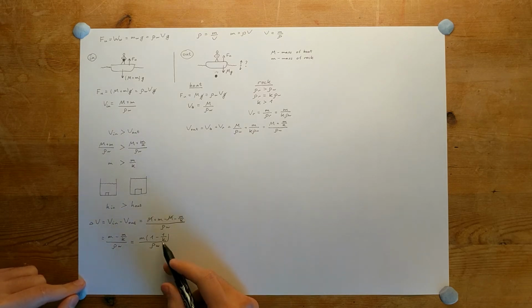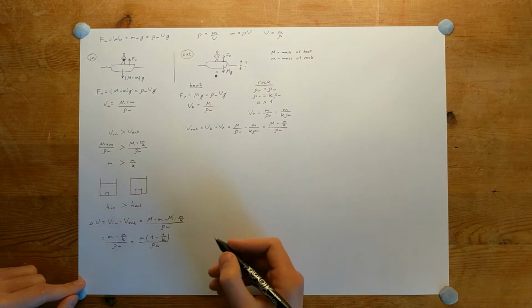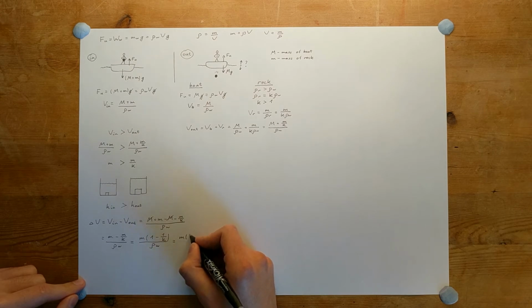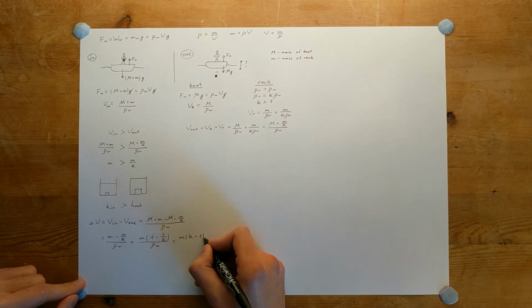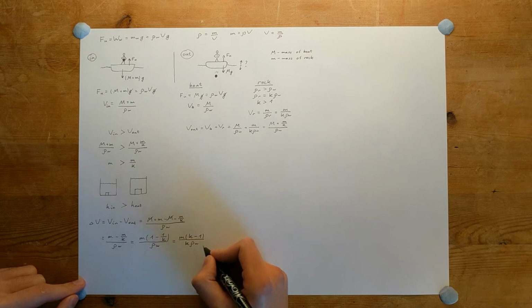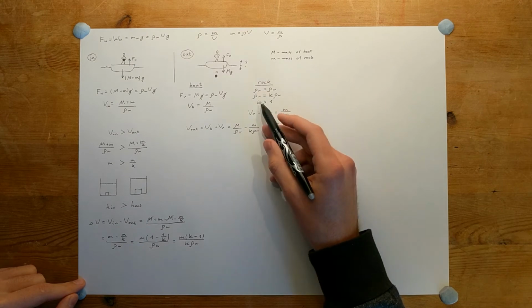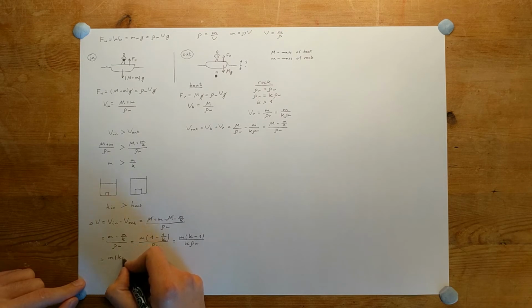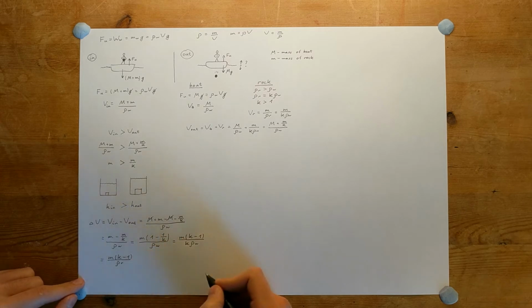Now we can multiply both the numerator and denominator by K, and what we get is m times K minus 1 over K times the density of water. But we said that K times the density of water is the density of rock. Therefore it is equal to m times K minus 1 over the density of rock.